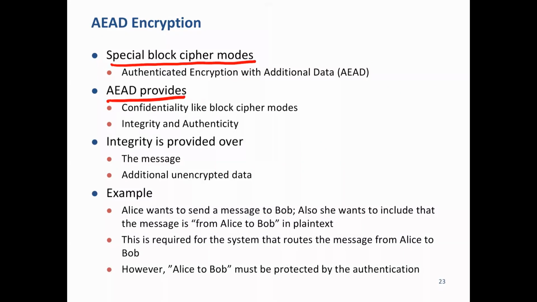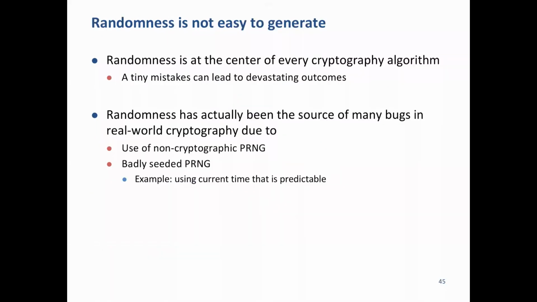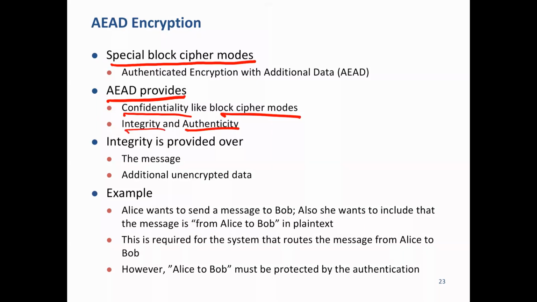So AEAD provides confidentiality, like a block cipher mostly, and integrity and authenticity. Integrity is provided over additional unencrypted data, like name and address and IP address, especially source address.